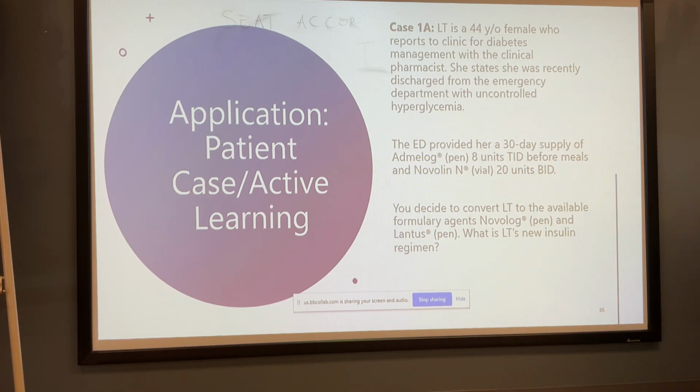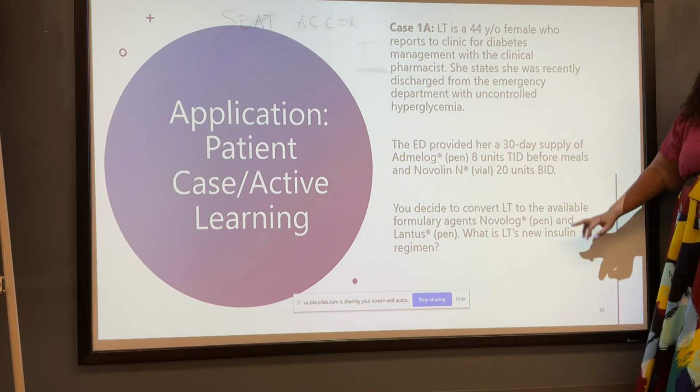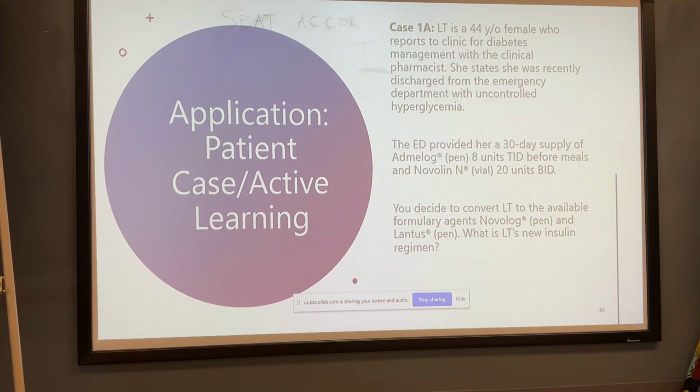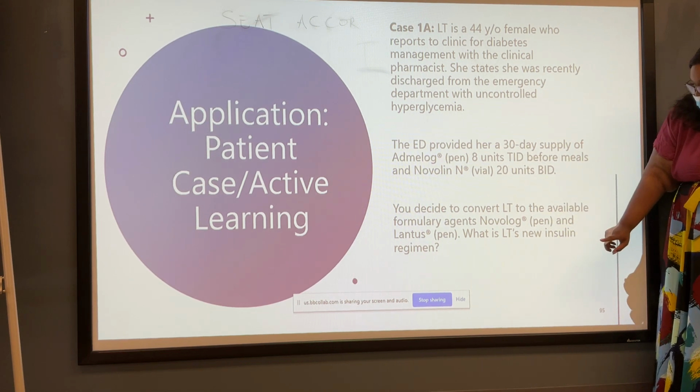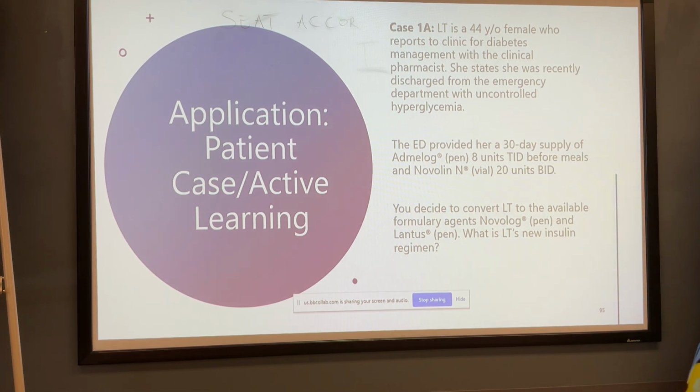What did the conversion recommend when going from NPH to glargine, especially if your NPH is twice a day? Yes, we take NPH to Lantus or glargine. What do you do when it's twice a day? How much do you reduce by? 20%.